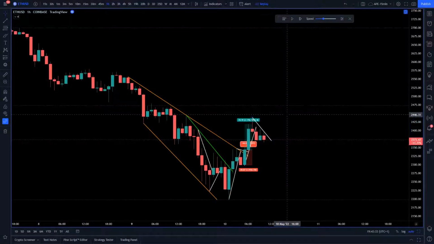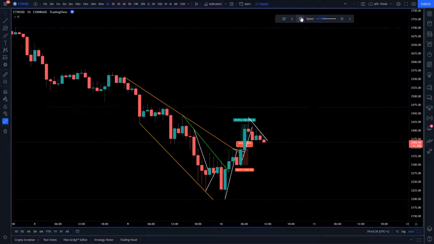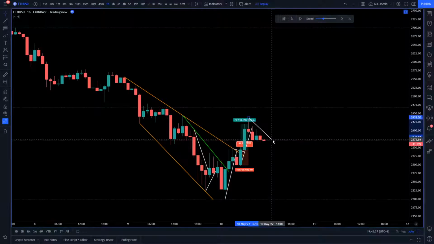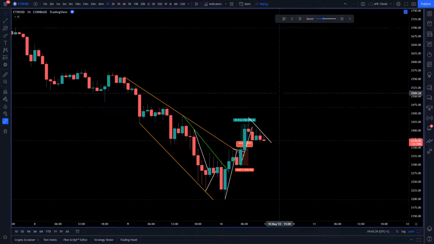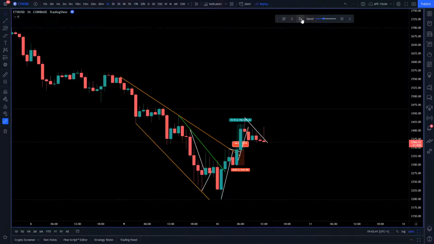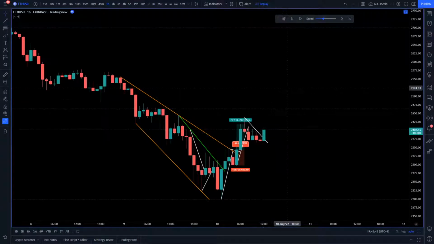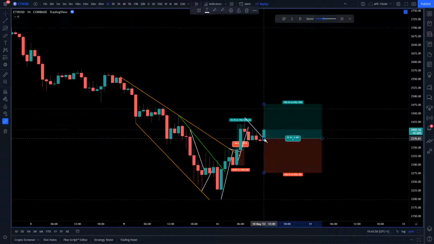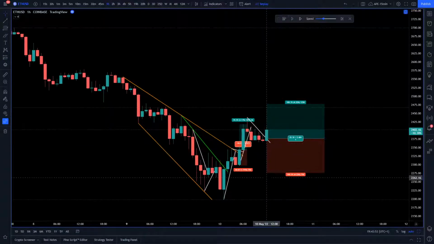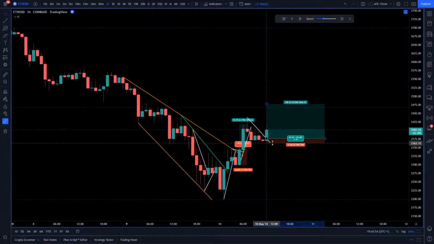And now let's see, it's still moving down, and we have a breakout. So with this breakout, we put a long. This candle moved very fast because we are using the replay mode.